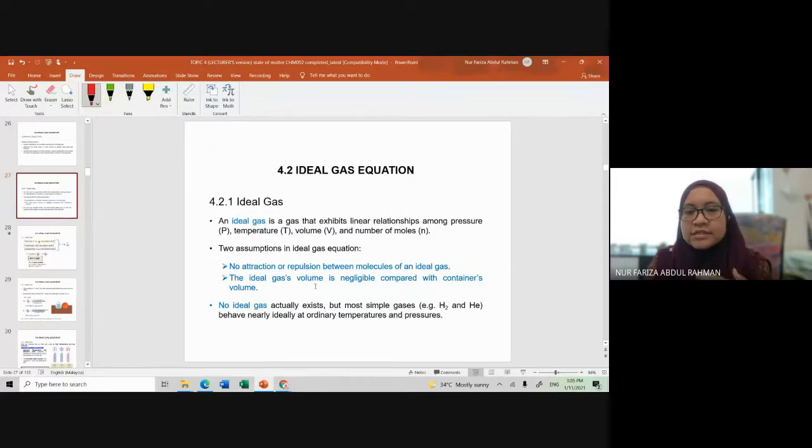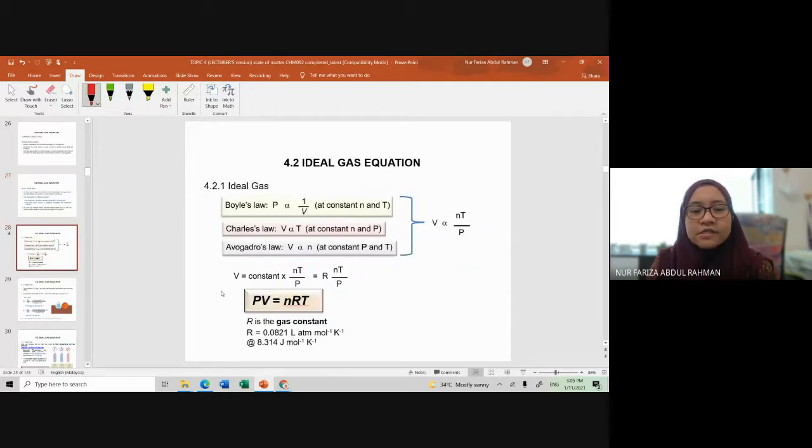So we can simply assume that the volume of the gas is the same as the volume of the container. We have this equation known as PV = nRT, the ideal gas equation, which can be derived from these gas laws.